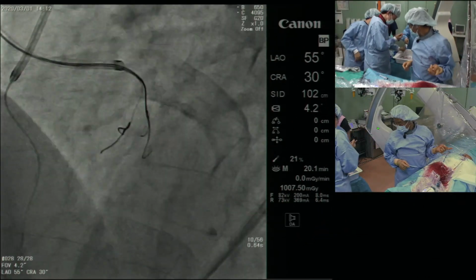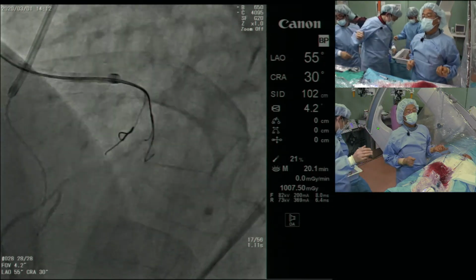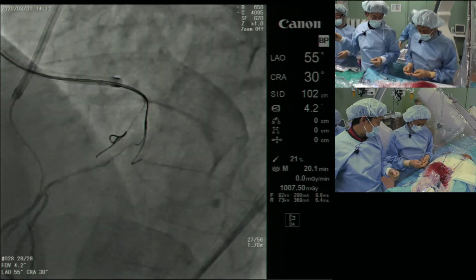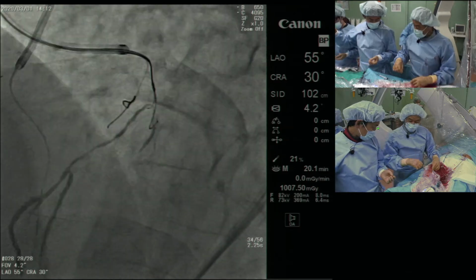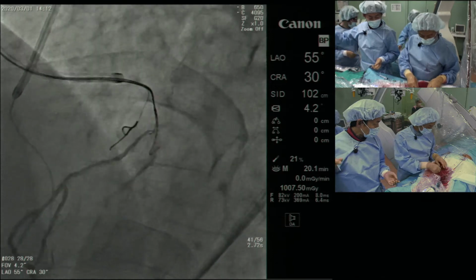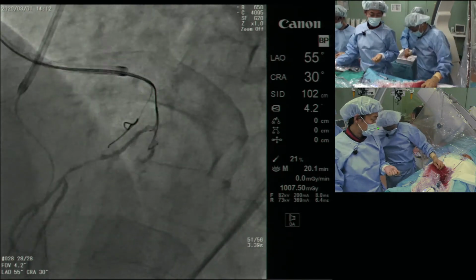Will you try again the technique on the same wire? No, the IVUS is already in the CTO body. So I'm using a Corsair.